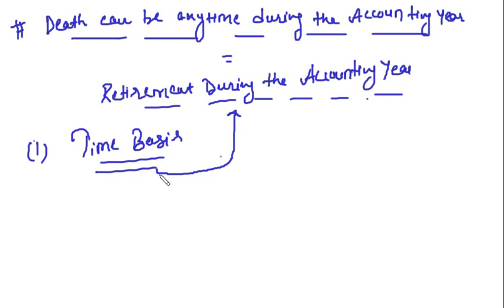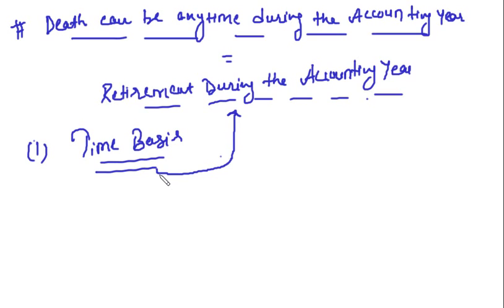But if the new profit sharing ratio is different for the continuing partners, then the journal entry will be continuing partners' accounts debit to the deceased partner's capital account, right? For this, please friends refer to the previous lecture. If we have done the previous lecture, this time basis is absolutely same as what we have done in case of retirement during the accounting year.